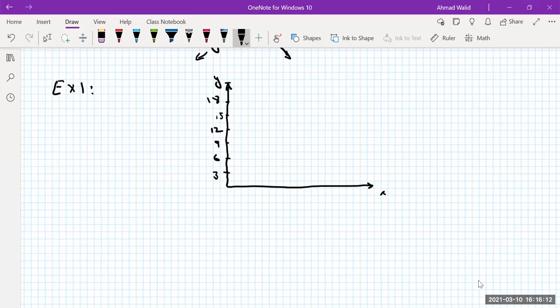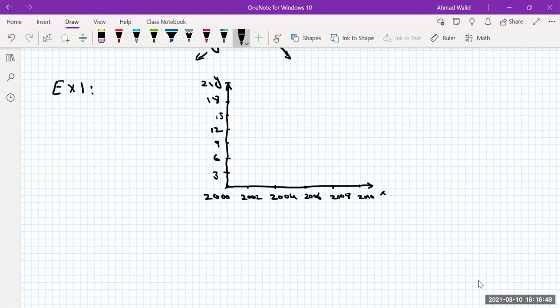On the x, you have 2000, which is this point. Then you have 2001, 2002, then 2004, then 2006, 2008, 2010, and so on. Okay?